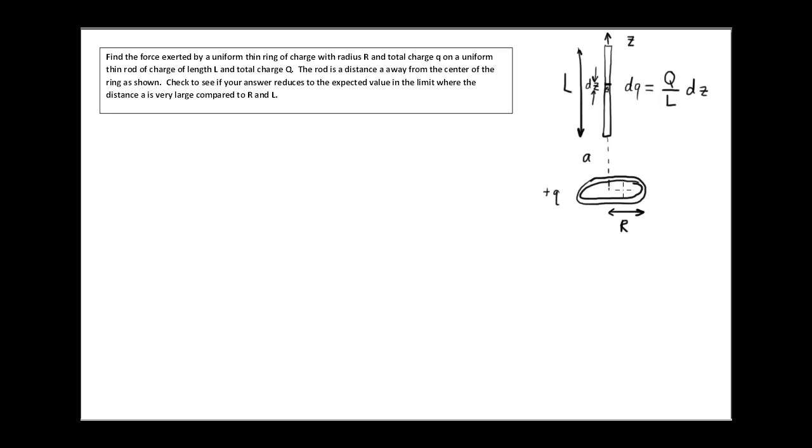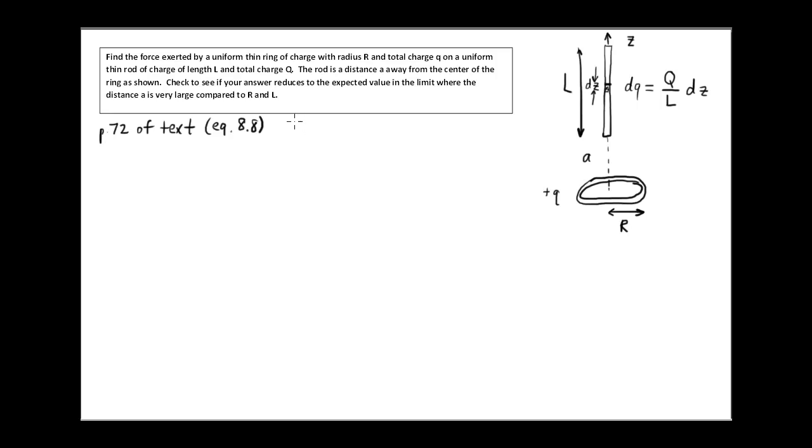We're also going to make use of an expression that was derived for this thin uniform ring in the textbook. If you look at the example on page 72 of the text, which is equation 8.8, that equation tells us what the electric field produced by the thin ring of charge is at a point on its axis, a distance z away.